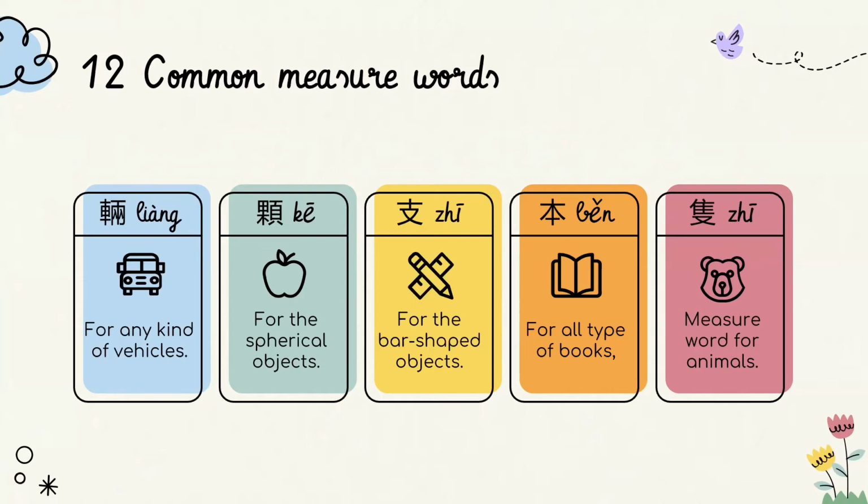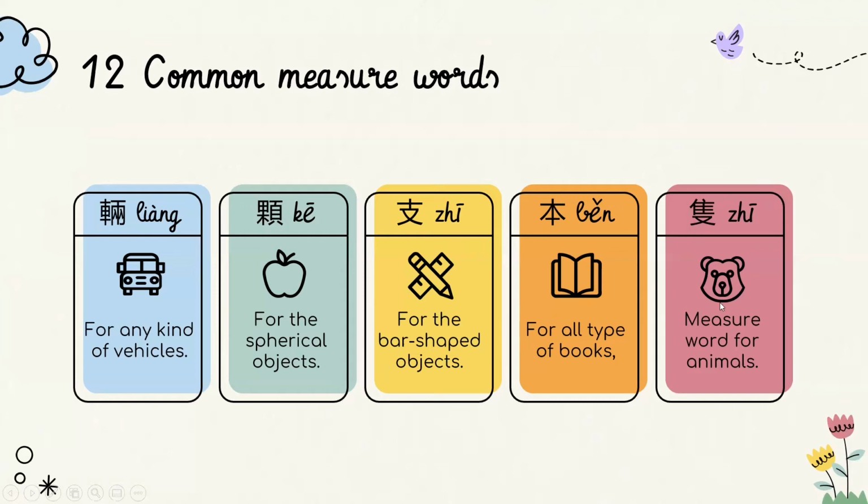We can say 一颗球, it means a ball. Then 支 is for bar-shaped objects like a pen, pencil, umbrella, or watch, any kind of thing that has a bar shape. 本 is for any kind of book, for example a dictionary, brochure, or magazine. We will say 本.